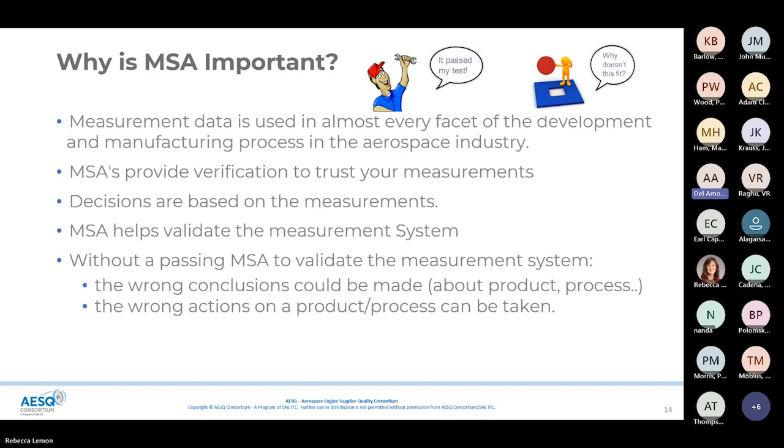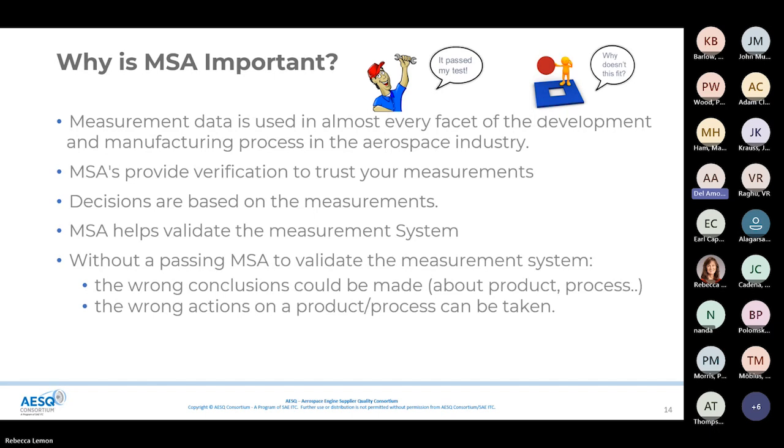And it also validates the measurement system as the right system for the specific characteristics that you're measuring. So it is very, very important that we act on the results of the MSA, not just do the MSA, but do the analysis of the data that you have collected, and of course act on those results. So we need a valid MSA.